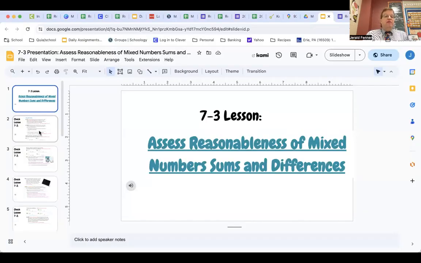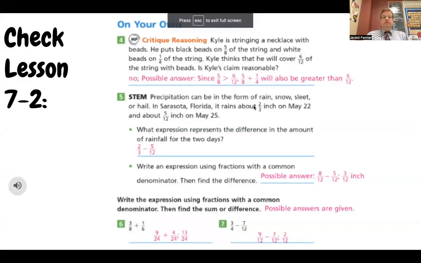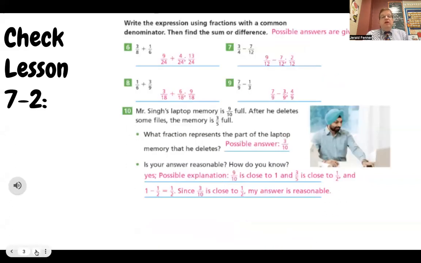And we're going to start off by checking yesterday's assignment. So please take the time right now to open up to page 155 and 156 to check over your answers. Bottom half of page 155.